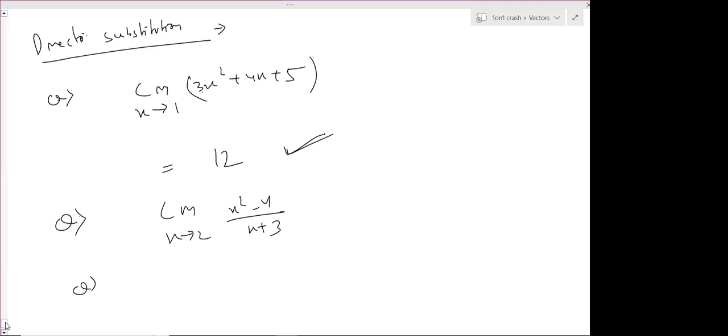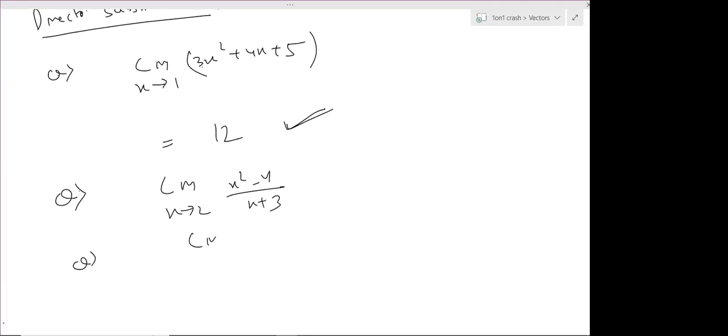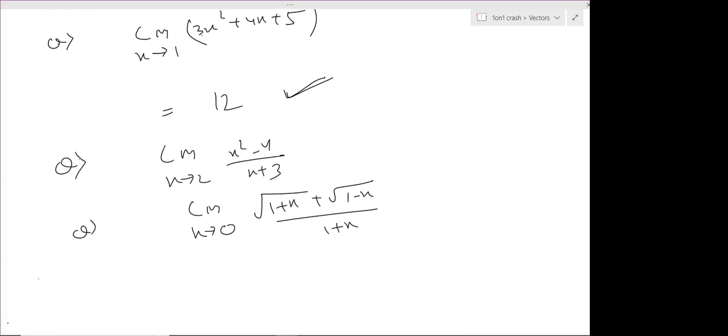Please find the values. Zero. Third one, and this is 2.